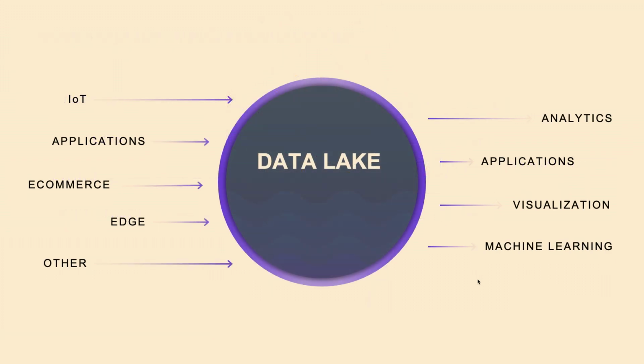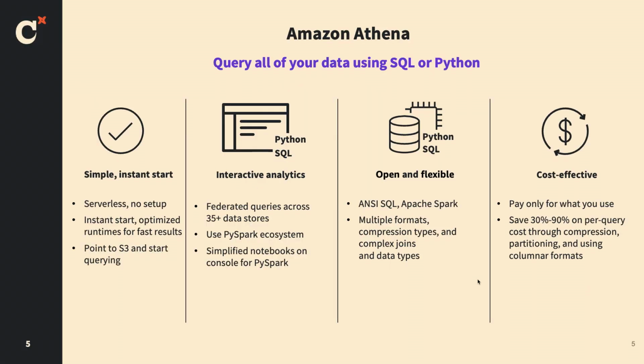And you can form a data lake using AWS S3, or you can have your own data lakes where you combine the data from all these applications and then eventually run analytics on them, power your applications, do some sort of visualizations on your BI tools, such as QuickSight, or use them to power your machine learning models, right? So this is where Amazon Athena makes it easier for you to do any kind of analytics, mostly interactive analytics, and also batch workloads.